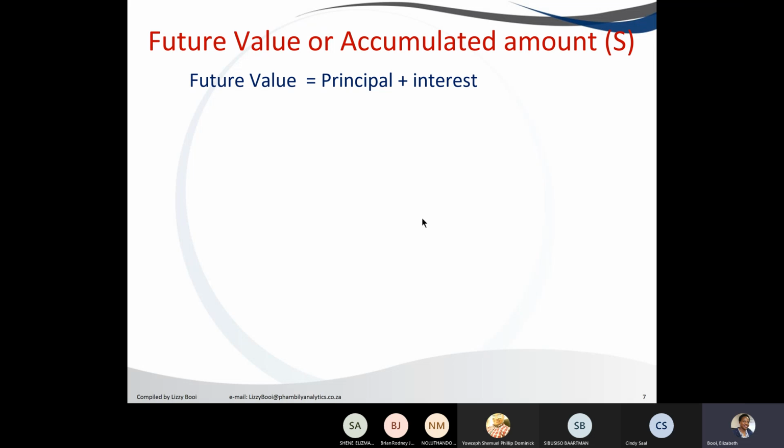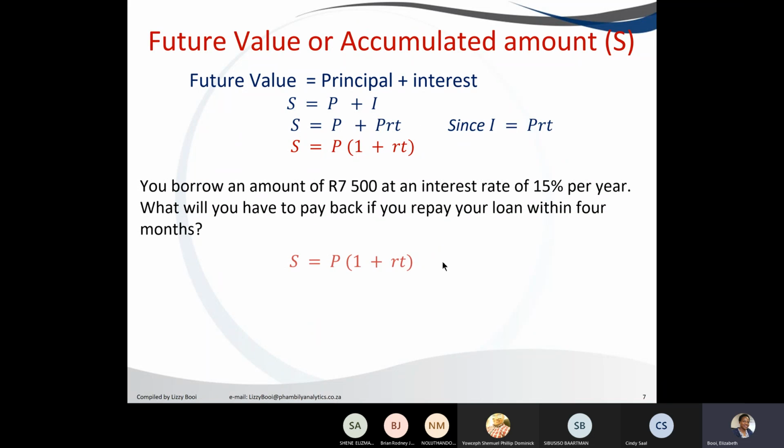We also looked at how to calculate the future value of your simple interest, where we use the formula S equals P times (1 plus RT). Since we know that your future value is made up of your present value, which is your principal amount, plus your interest.